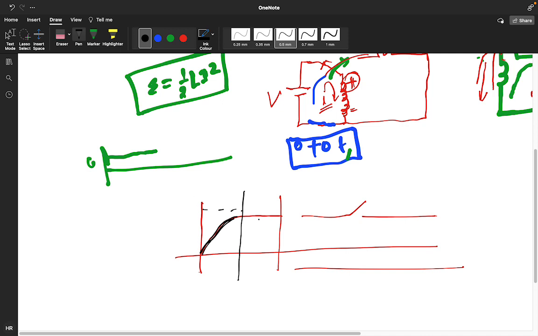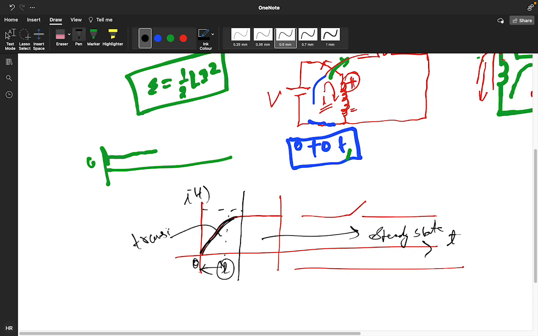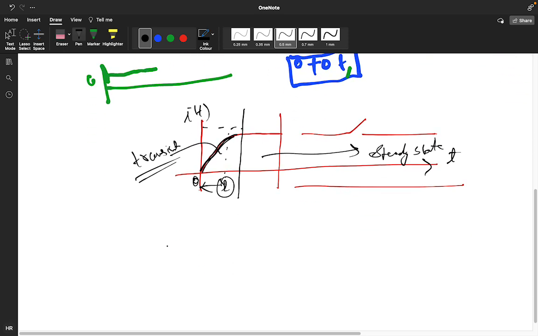Suppose this is my t, this is my I of t, this is 0 and this is 2 seconds. From 0 to 2 seconds the inductor developed some energy. When I move the switch from one position to another, it will reach the steady state. So this is my transient part. We'll see everything in a very deep way.